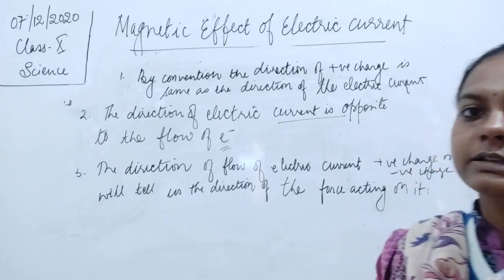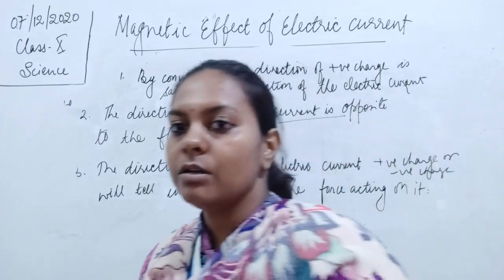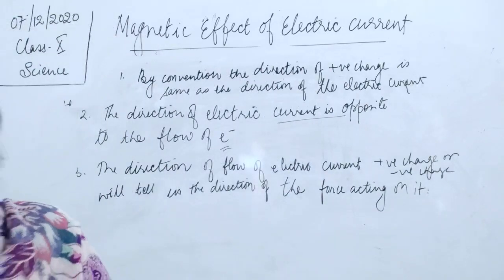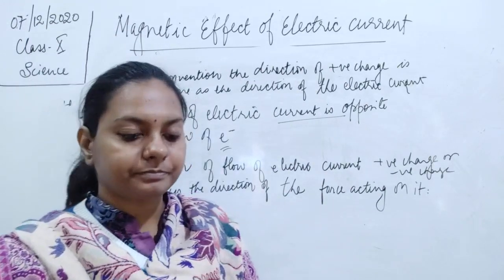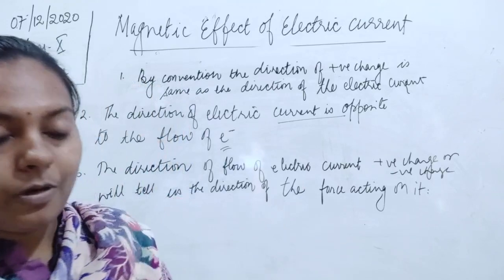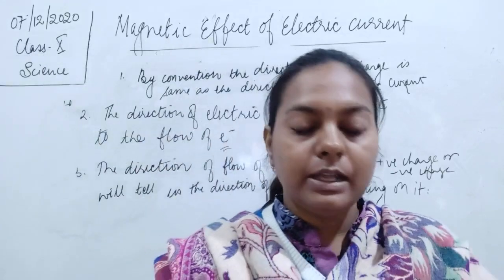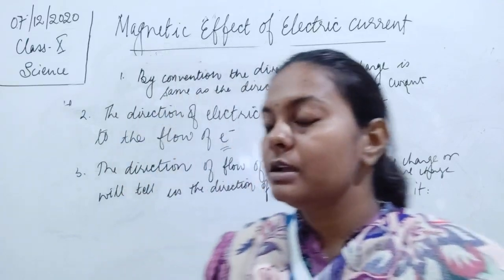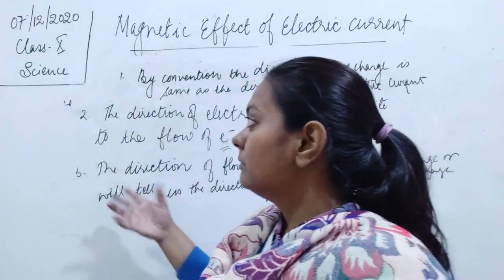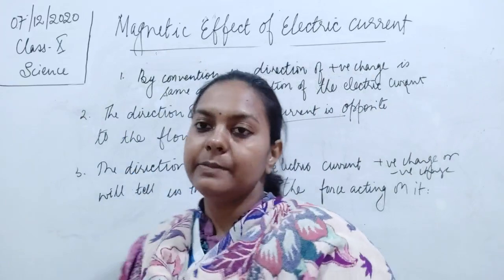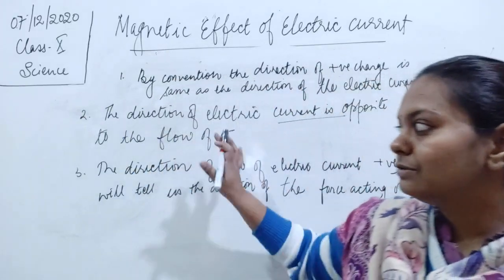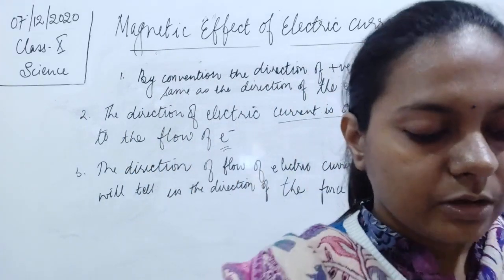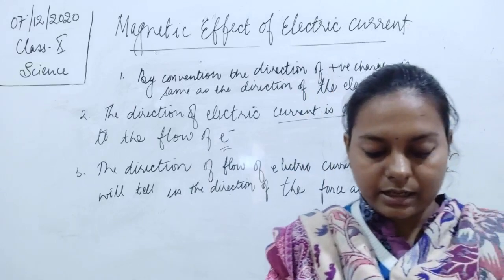Fine. So these are the points which I wanted to convey, that whenever we have to solve direction related problems using Fleming's left hand rule, we have to keep these 3 points in our mind.